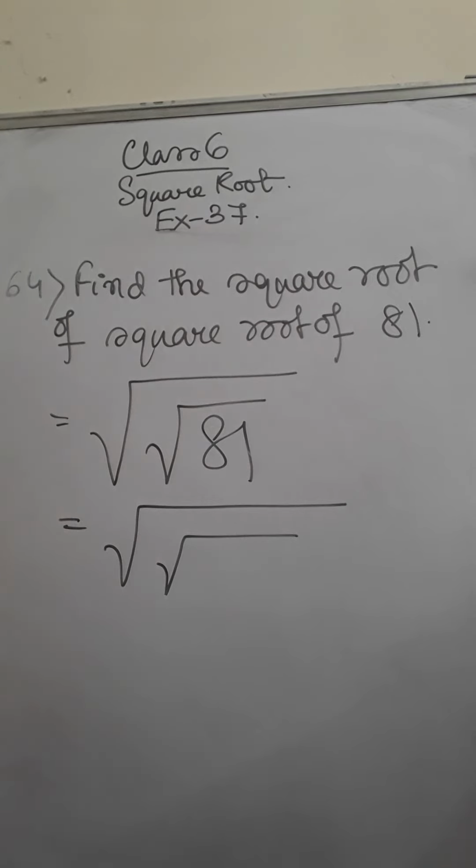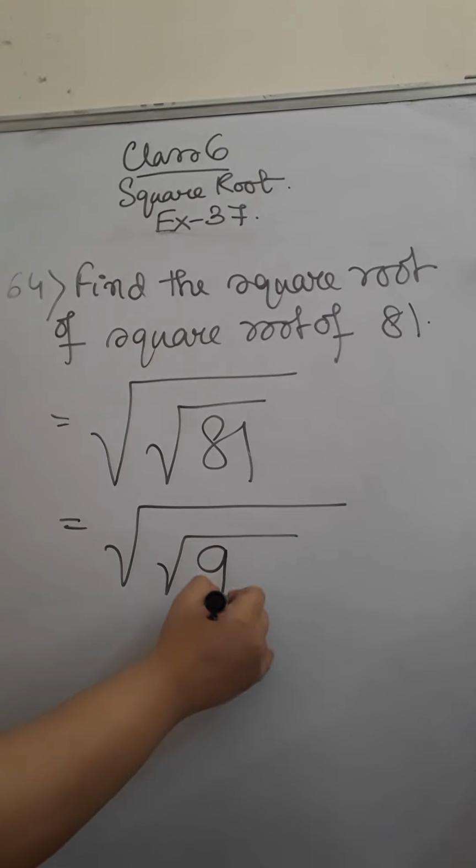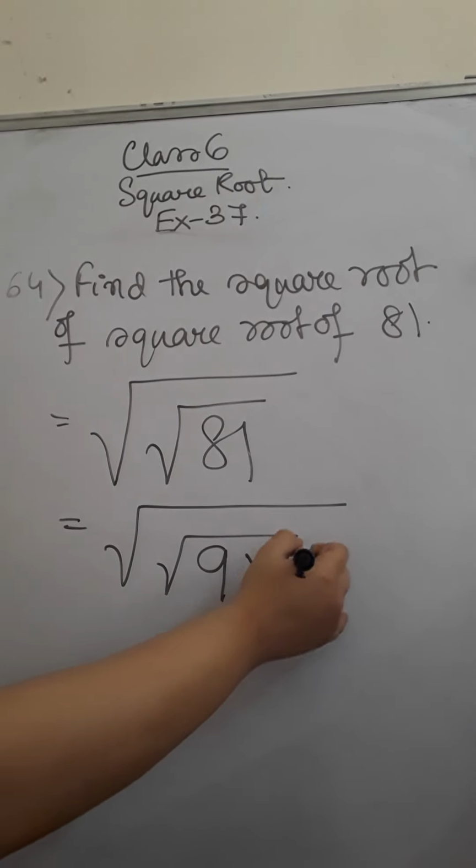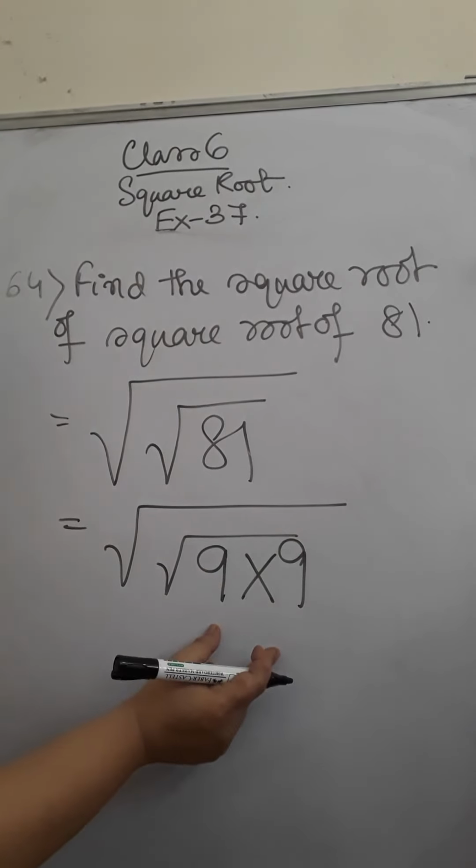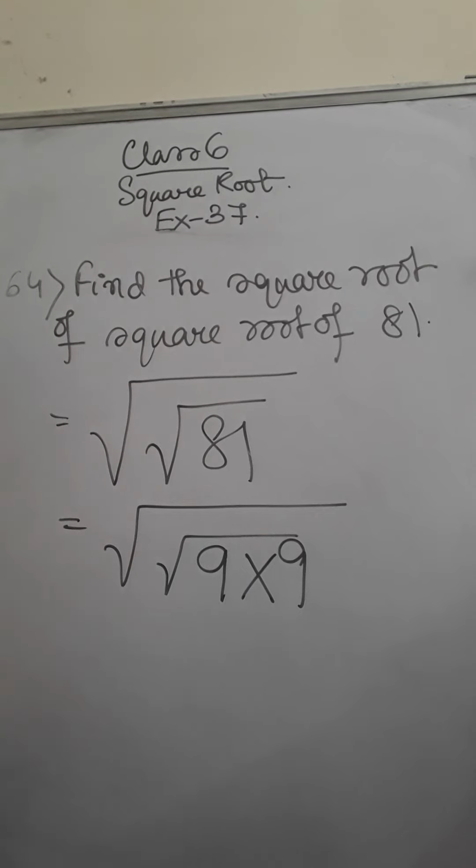Now 81, which two numbers multiplication gives 81? And always remember which two similar numbers multiplication gives 81. We have to write. So 9 into 9, same numbers when multiplied twice gives 81. Now, how to remove from this inner square root?